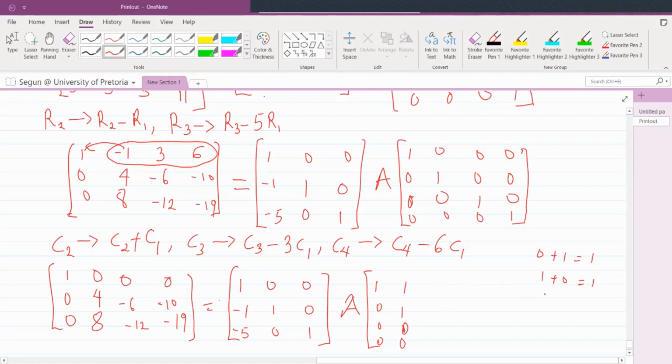Then for C3, let's solve C3. C3 is 0 minus 3, because 3 multiplied by 1 is 3, which is minus 3.